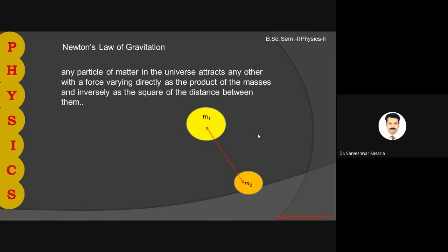So let us consider two masses m1 and m2, if the distance between them is say r, then force is directly proportional to the product of masses m1 and m2 and inversely proportional to r square. Okay, so if the proportionality sign is replaced by the equal to sign, a proportionality constant can be added, and that is equal to G. G is called the universal gravitational constant.